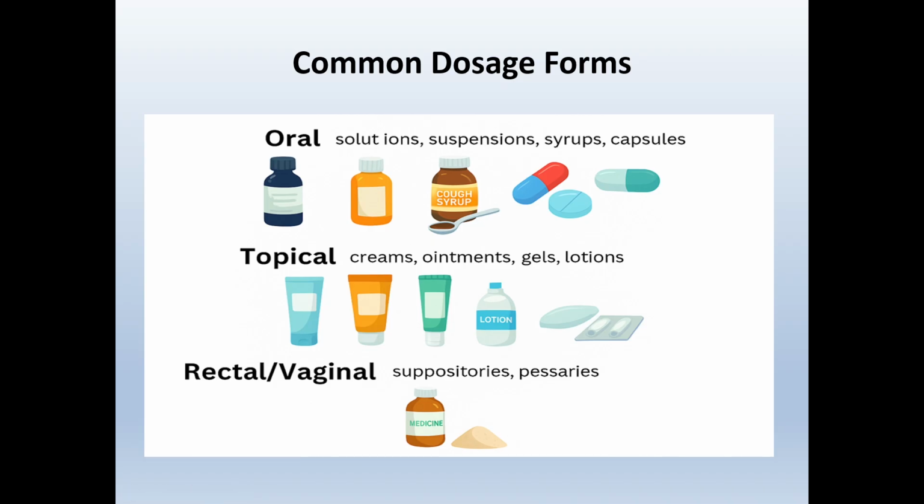You can also prepare this non-sterilely. And then rectal and vaginal routes of administration: suppositories and pessaries. You can have that as one route of administration, where, for certain fungal infections, there are tablets normally called pessaries that are inserted into the vagina, or suppositories inserted into the anus.